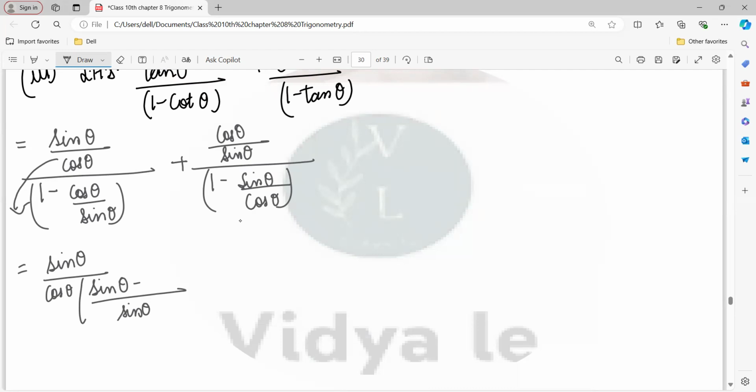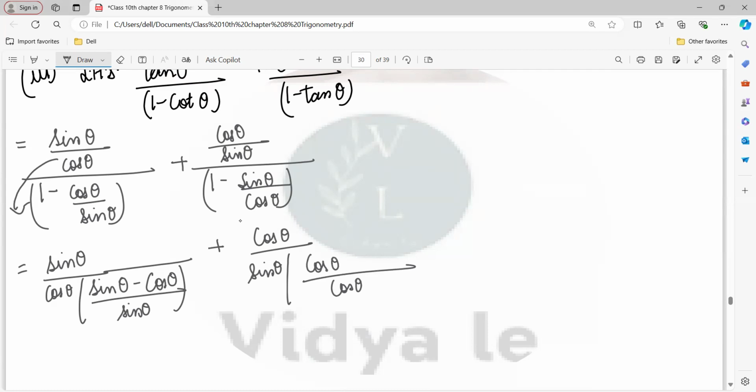Cos theta upon sin theta multiplied by LCM is cos theta, right? Similarly, on the right term, we get cos theta upon sin theta into denominator. The LCM will be cos theta, and in the numerator we'll have cos theta minus sin theta, right?